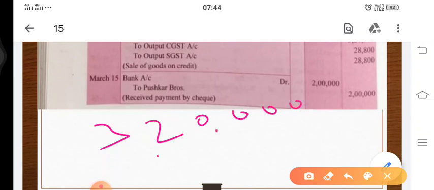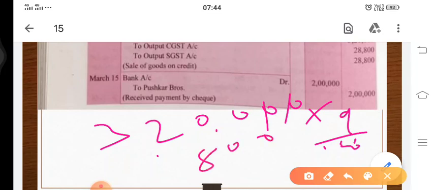On this 3,20,000 we will also charge GST because that is required by the government. So we'll have to collect it also. So into 9 upon 100, that comes to 9 2s are 18, 9 3s are 27, 28. That means 28,800 will be the amount of CGST, and the same amount will be there for SGST as well.